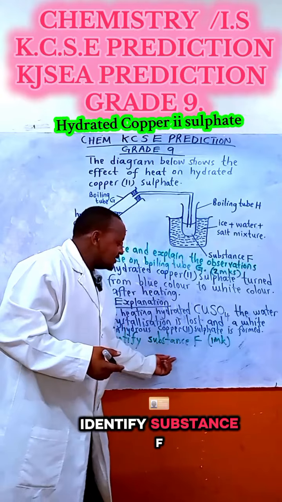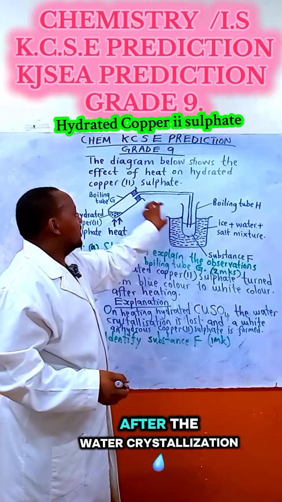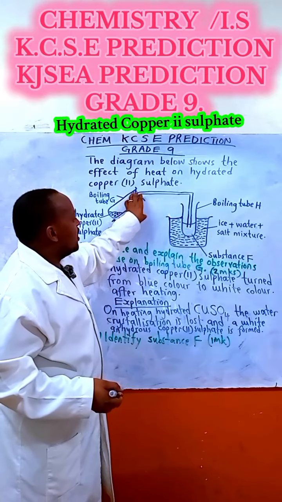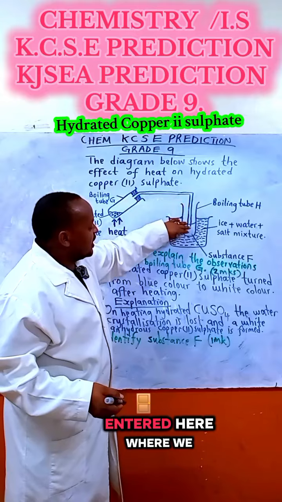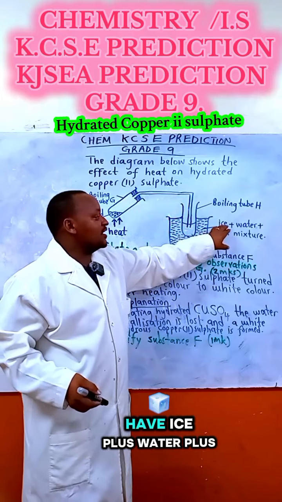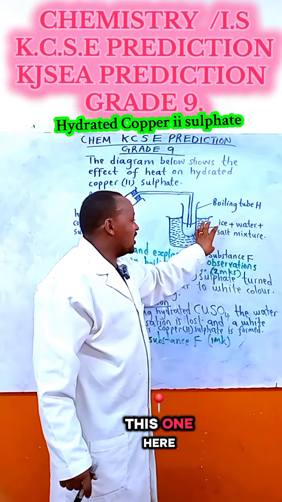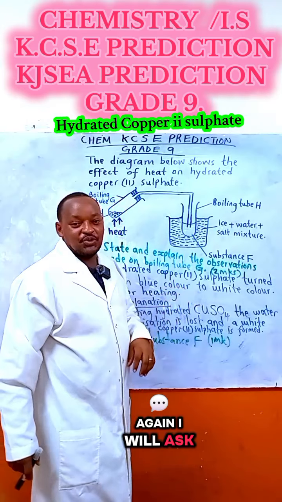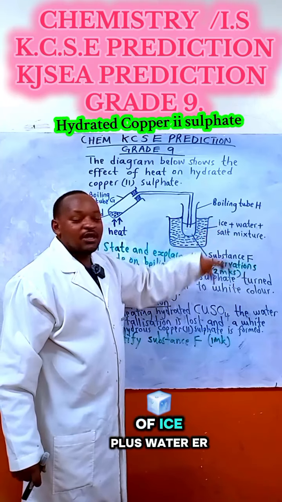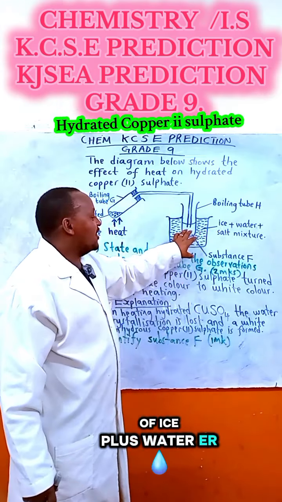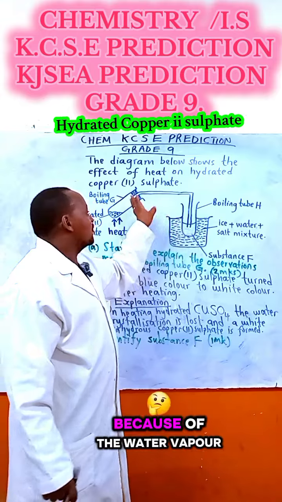Now, tell me, identify substance F. What is F here? After the water vapor moved, it entered here where we have the ice plus water plus salt mixture. Again, I will ask you why we are using ice here. What is the purpose of ice plus water? Something was formed here because of the water vapor.